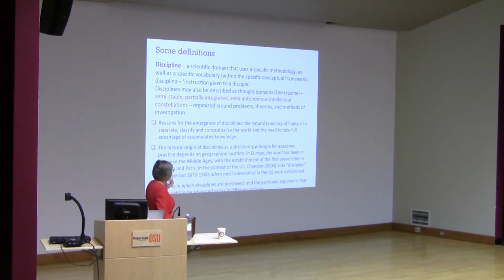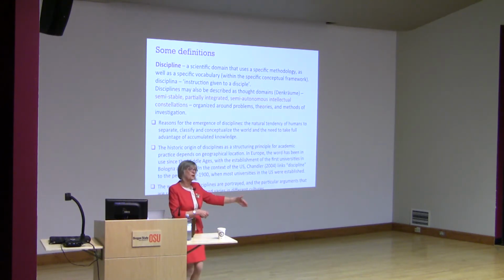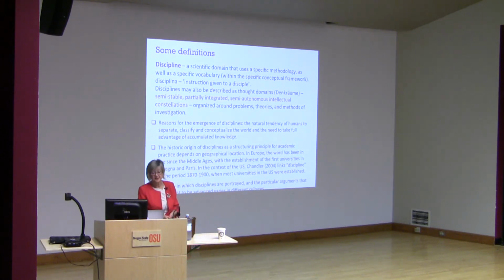And the way in which the different disciplines are portrayed is very much different in different cultures. So here I'm just looking at the Western world. If you then look at the Eastern world, again, the way we look at disciplines and categorize things in the sciences is quite different.